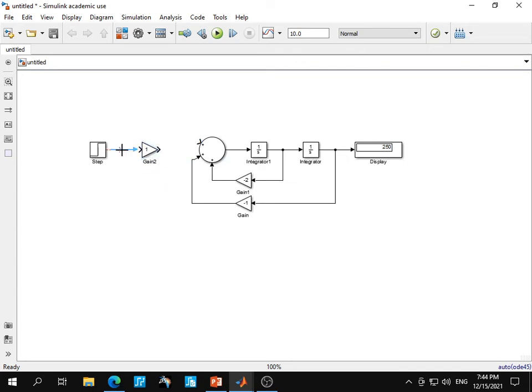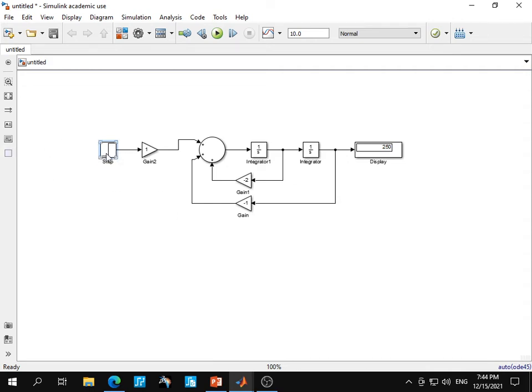Because it's time dependent and not time independent. If you use constant 5, it is time independent. It does not have anything to do with time.